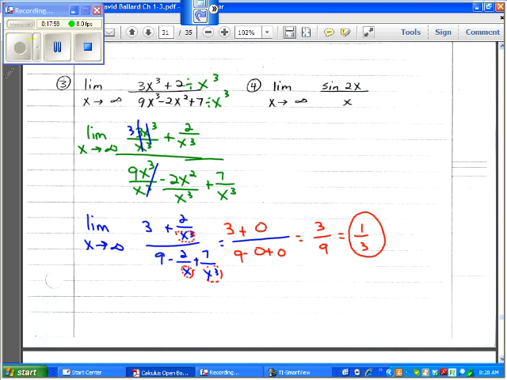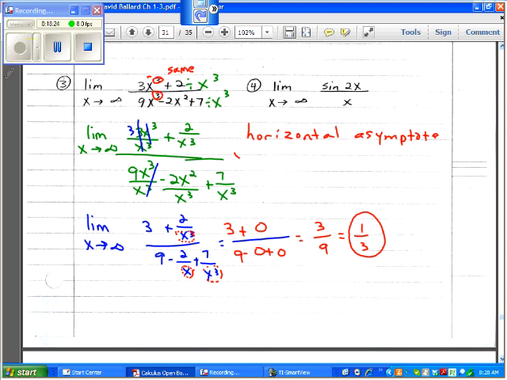So that's again approaching it from an algebraic standpoint. Approaching it from an asymptote standpoint, we would say the degree of the numerator is the same as the degree of the denominator. So there will be a horizontal asymptote at what? 3.